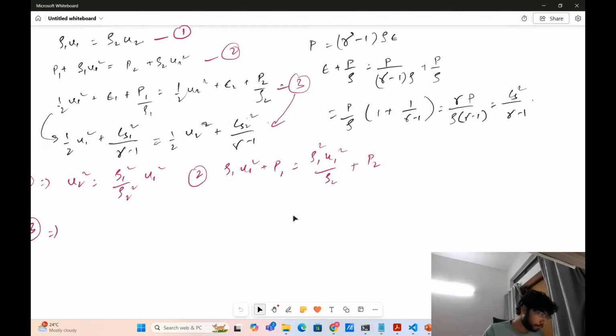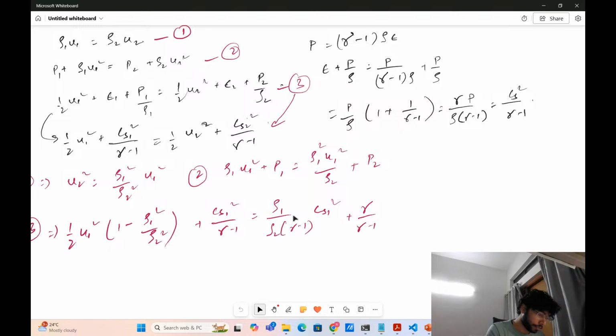Okay, so from 3 we get half of U1 square times 1 minus rho 1 square by rho 2 square, plus Cs1 square by gamma minus 1 goes to rho 1 by rho 2 Cs1 square by gamma minus 1, plus gamma by gamma minus 1 times rho 1 by rho 2 U1 square times 1 minus 1 by rho 2.